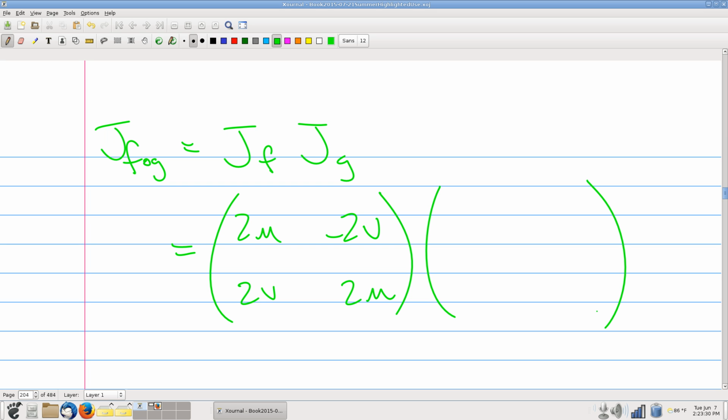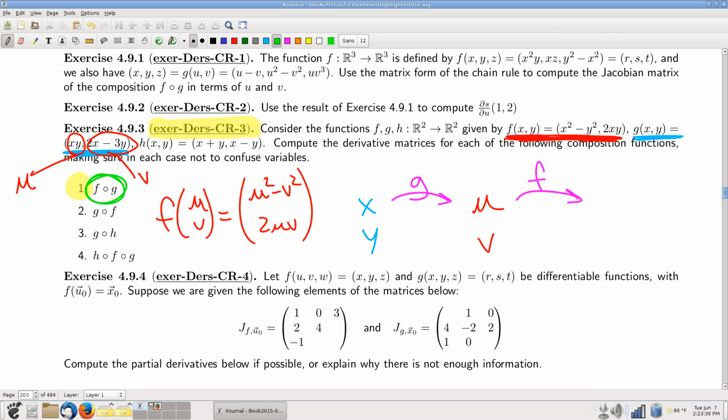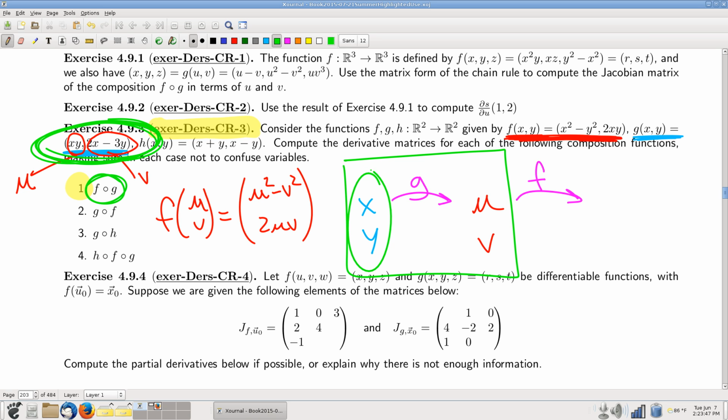Okay, the Jacobian of G. Alrighty, well, the Jacobian of G, come back up here. There's G. Got this formula for it. And I've got to take partials with respect to X and Y. So first the X partials. The X partials of these functions are Y and 2.